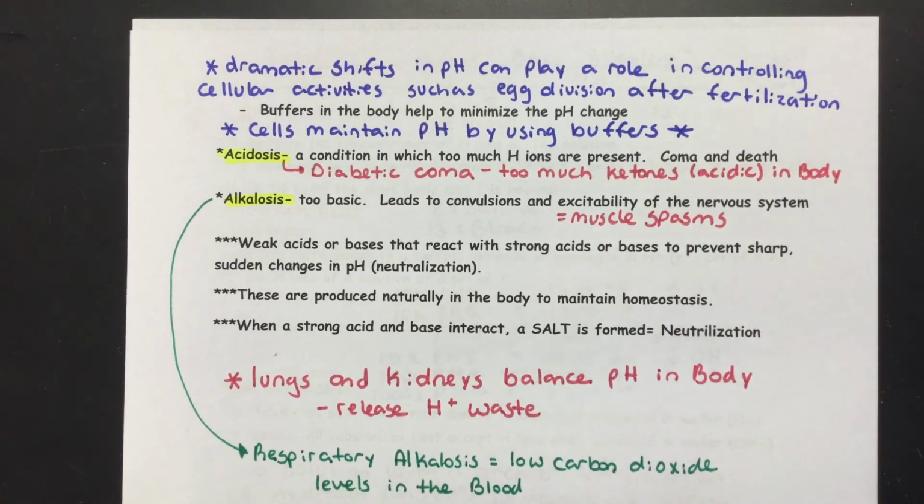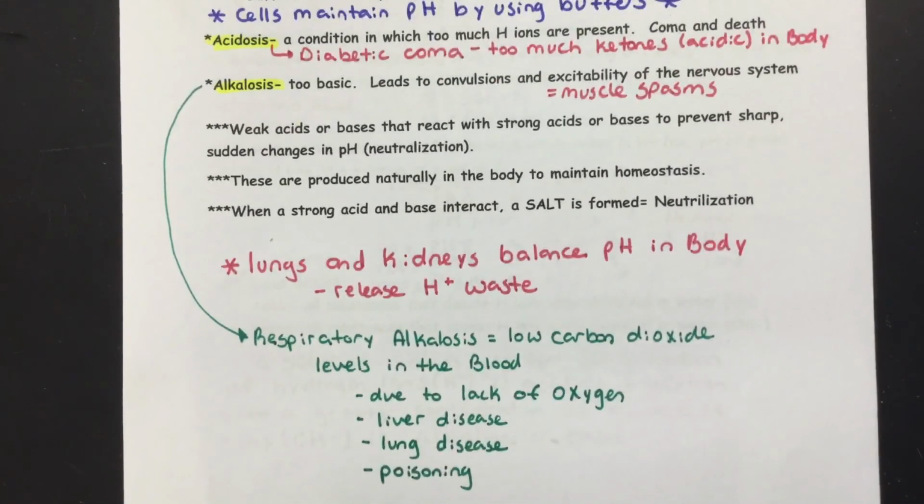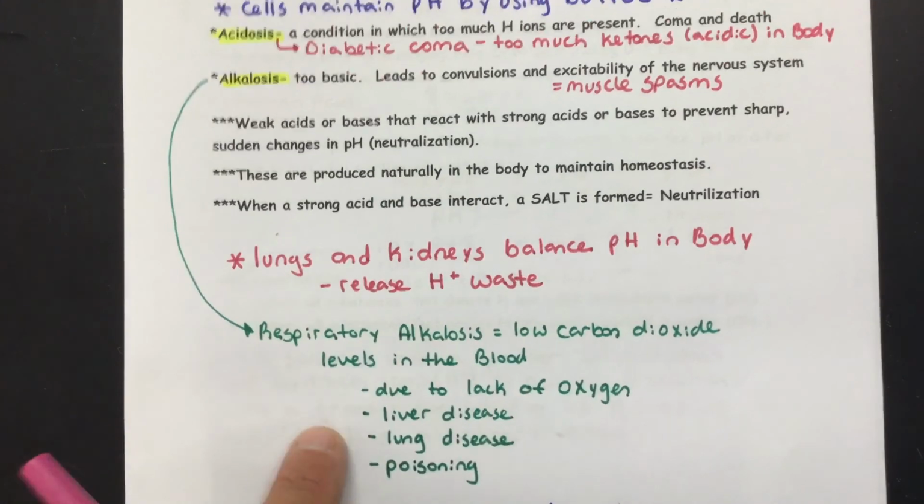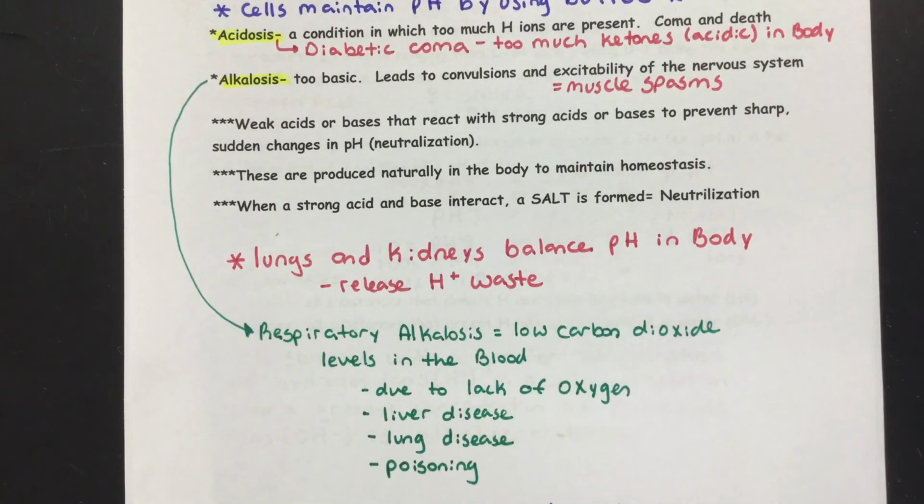If we go the other way, alkalosis is too basic. This can lead to convulsions, it can lead to excitability of the nervous system, it can lead to muscle spasms. So if you think about respiratory alkalosis, that means we have low carbon dioxide levels within the blood.